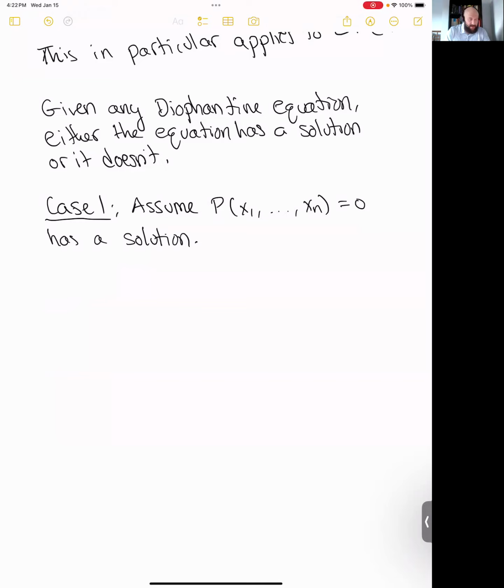So I can pick integers x1 through xn, plug them into the equation, and I get 0, right? Well, in that case, there has to be a proof, right? Because, for instance, if I take n copies of the integers, then I know that this set is countable.